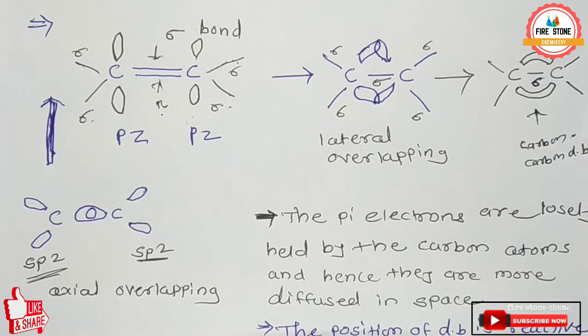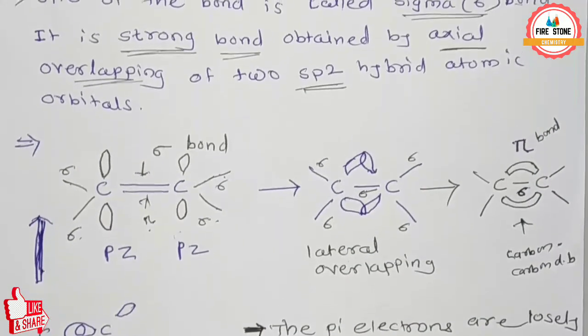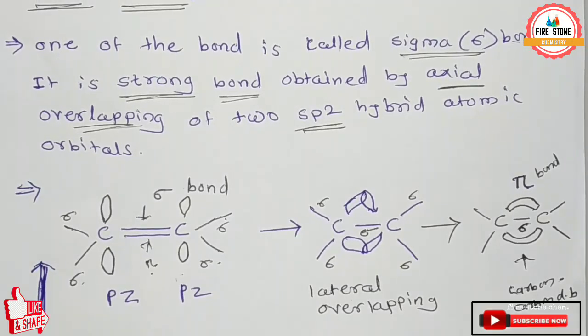The pi bond is a weak bond, less stable and more reactive, so it has a tendency to react with a reagent and form two or more stable sigma bonds, which are strong sigma bonds.